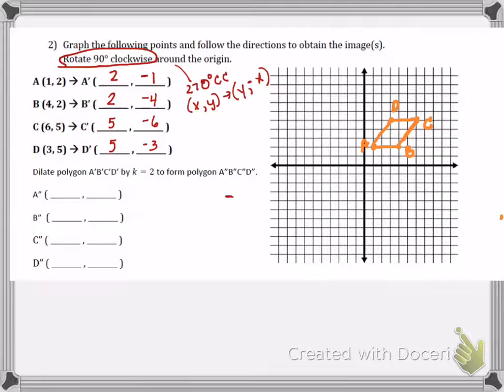So hopefully looking at our shape resulting in a clockwise turn of 90 degrees. And so let's plot those points. We've got 2, -1, and that would be our point A prime. And then we have 2, -4, and that is our B prime, our first image of B. And we have 5, -6.